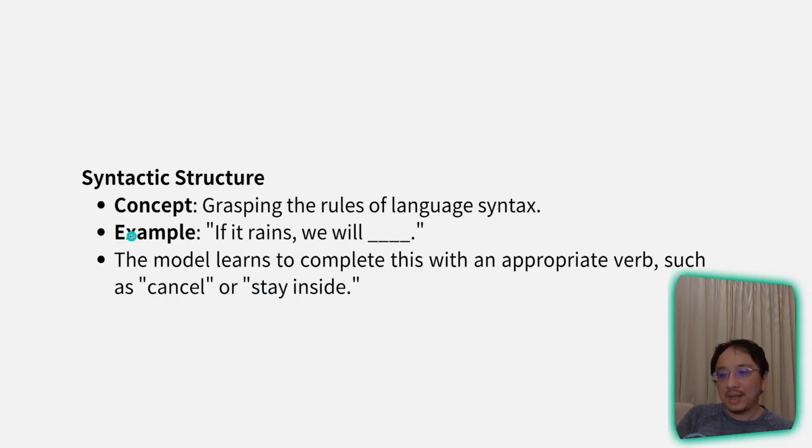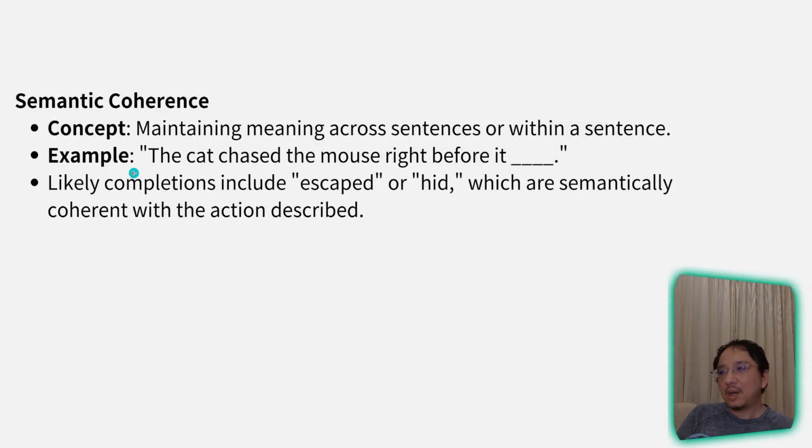Now consider this example: if it runs very well, in this blank we should fill in some appropriate verb. So by this kind of task, the model can learn the rules of language syntax. Okay, then let's see this sentence: the cat chased the mouse right before it something.